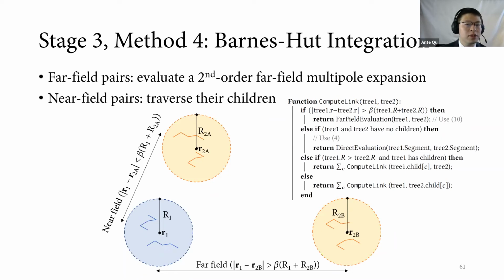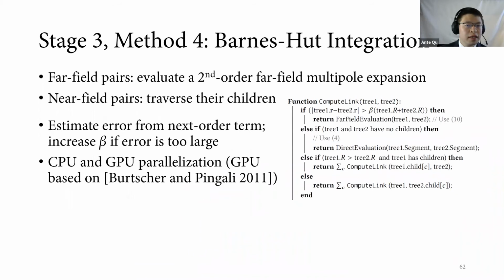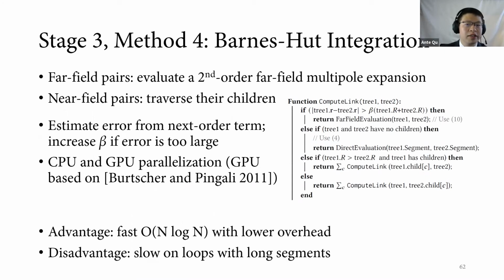For leaf nodes, we use a direct expression from earlier for a pair of line segments. We also compute an error estimate while traversing this tree and increase beta if the error is too large. The advantage of Barnes-Hut is that it's fast with a lower overhead than the other fast methods. But like with counting crossings, it's slow when the loops have long segments in them.